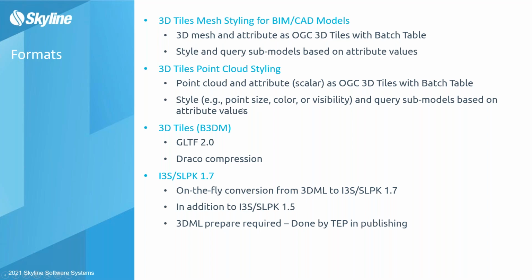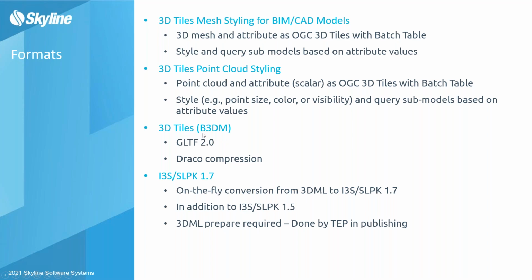So we can do different styling based on point cloud and color, and we will see in the example later on in TerraExplore how point cloud data is being colored based on the number of returns, which is represented in the attribute data of the CPT.